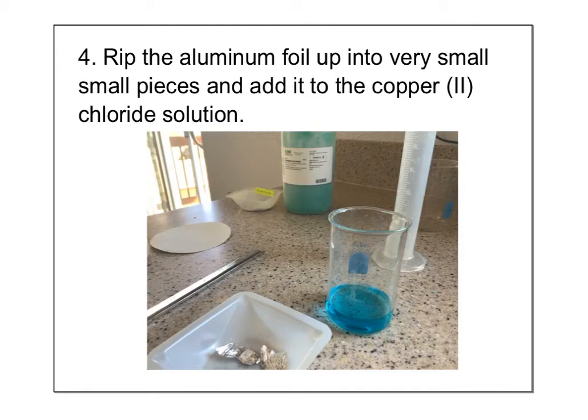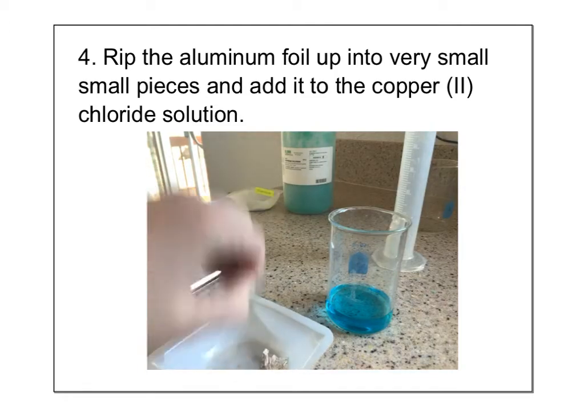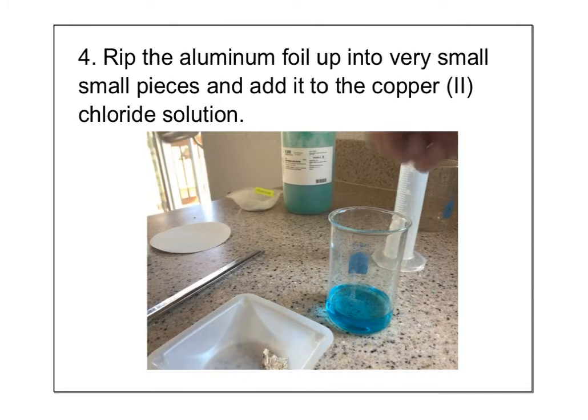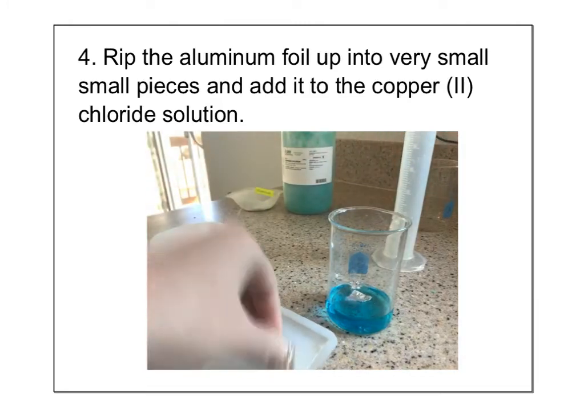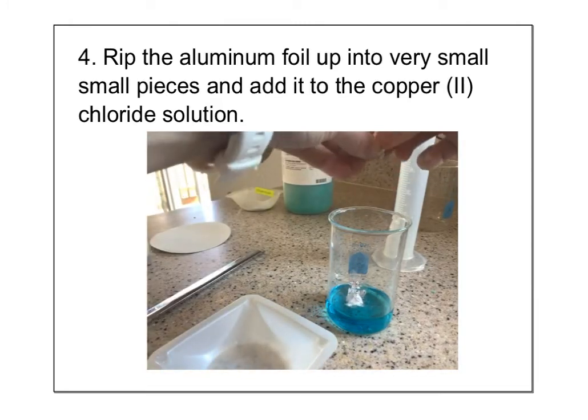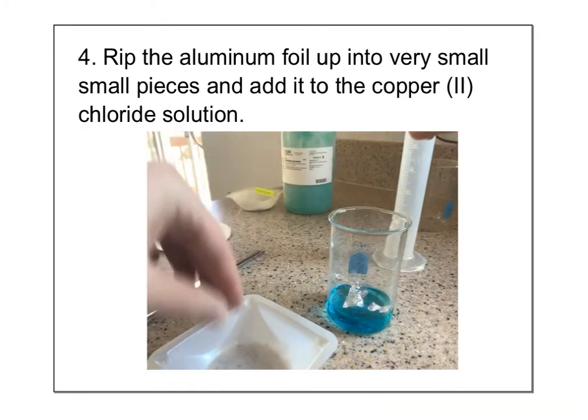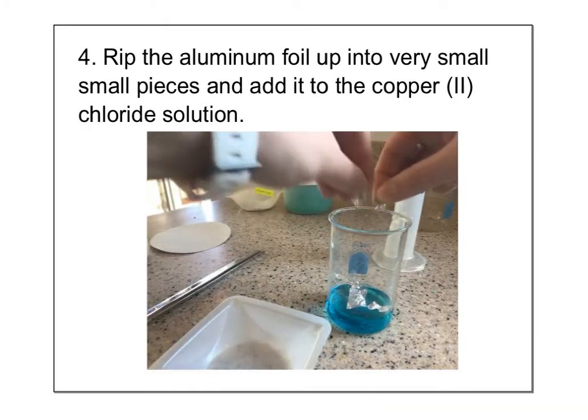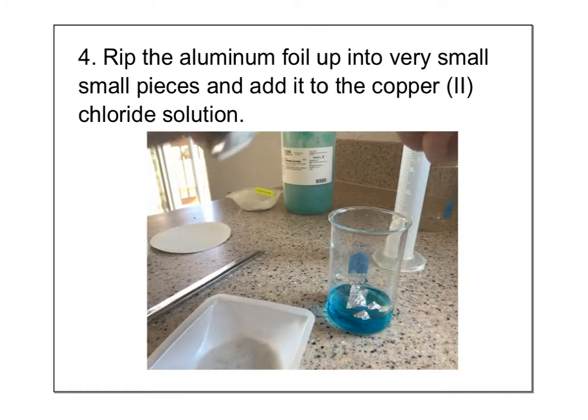All right, it says rip the aluminum into very small pieces and add it to the copper(II) chloride solution. Solution means we had already dissolved it. I'm gonna use my stir rod to kind of poke those guys down there.